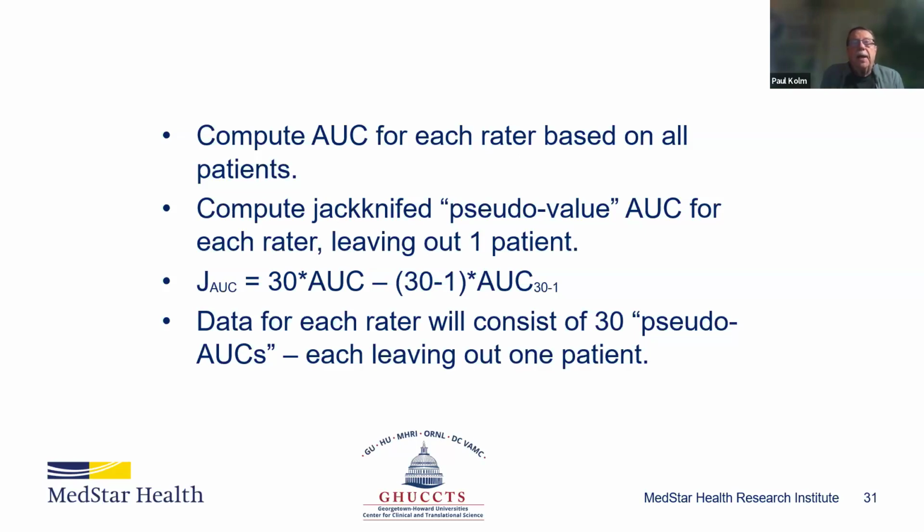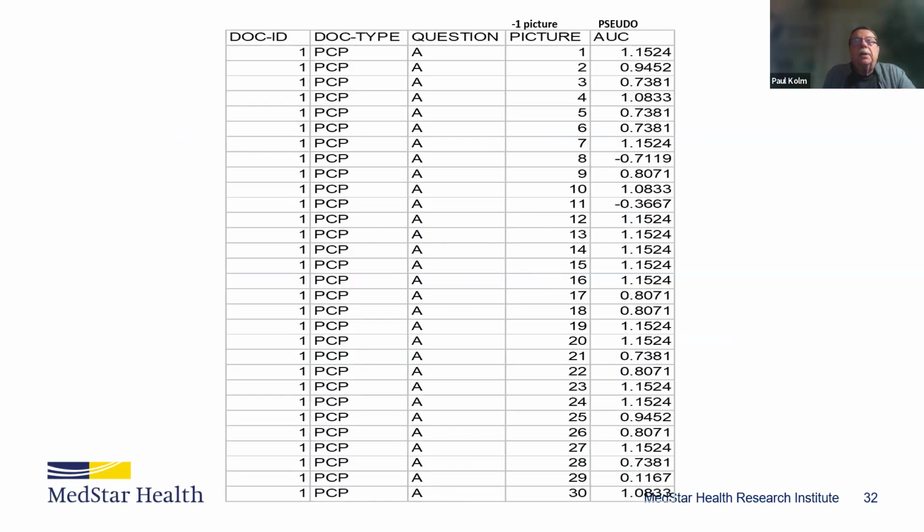And by doing that, we then obtain the variance, and so we can compute a single AUC rather than 30 AUCs for each rater. And so we'll get a mean and a variance for the 30 AUCs for each rater.